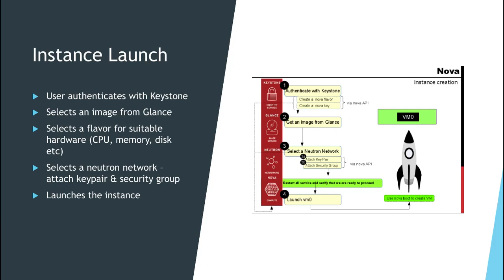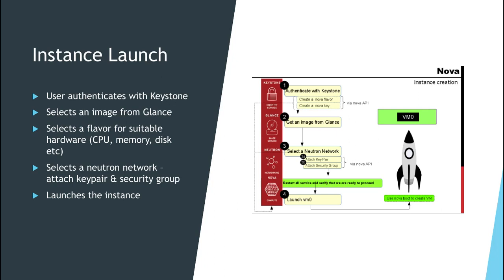Once you select the flavor, you also have to select a suitable network for your instance to get attached to, and you need to attach a key pair and security group. The key pair is an SSH authorization key used to access that instance via SSH. The security groups are a combination of rules, whether you want to allow SSH or RDP, or various services like HTTP, DNS, DHCP.